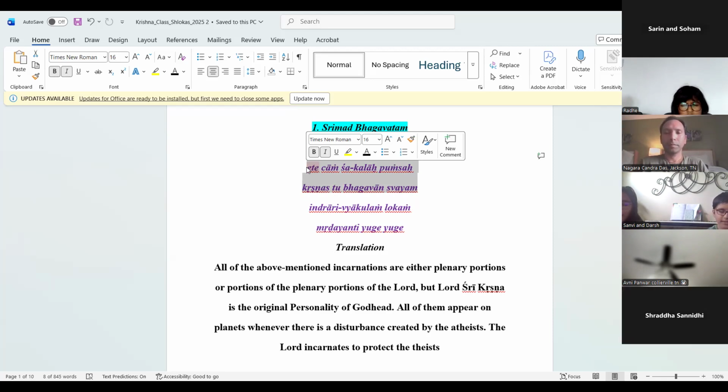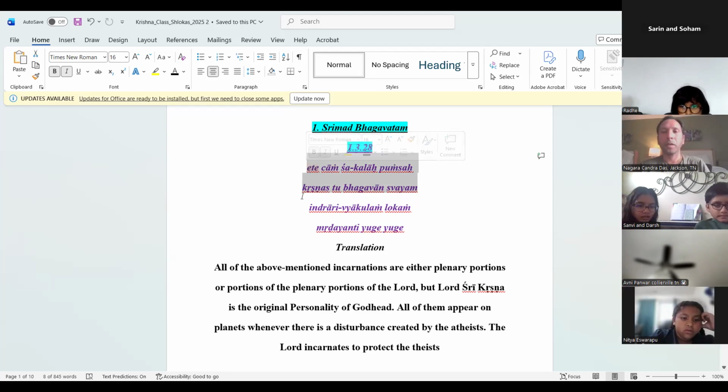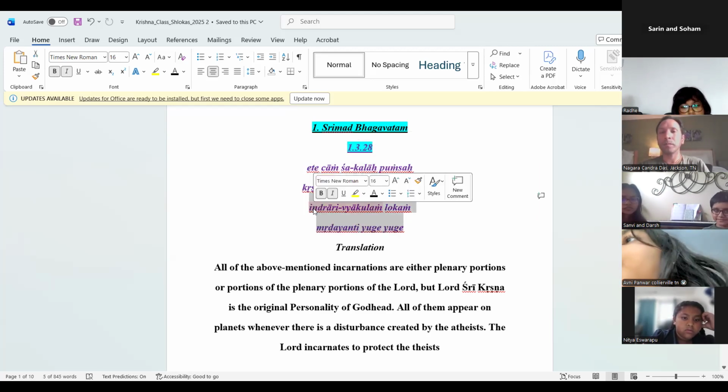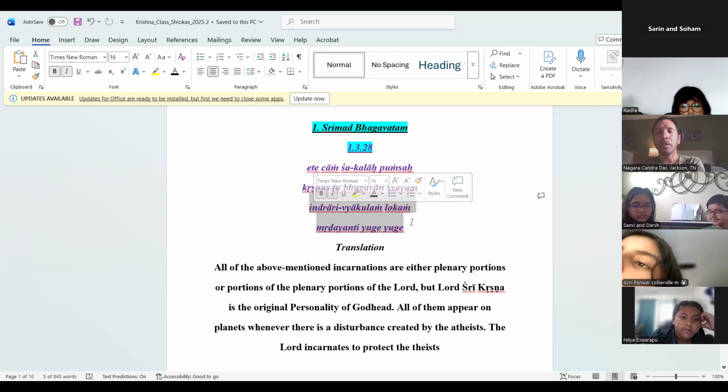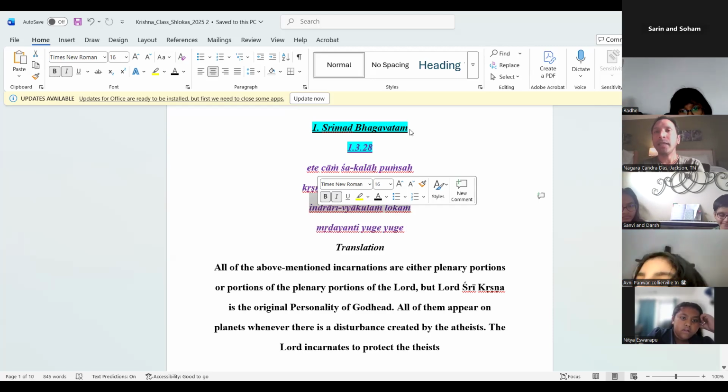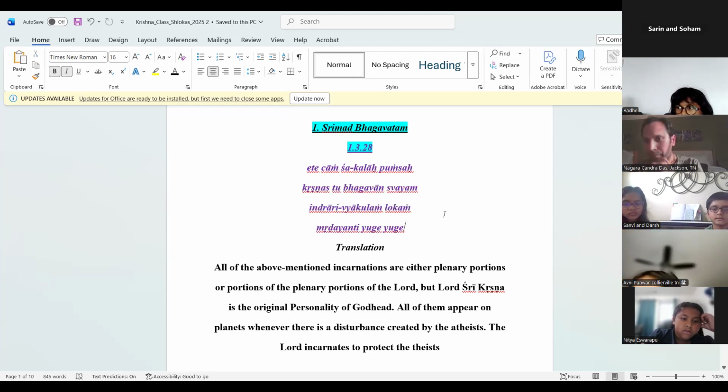Krishnastu Bhagavan. Okay. The next two lines are Indrari Vyakulam Lokam. What this means is that Ari means an enemy. Indrari means enemies of Lord Indra or the demigods.